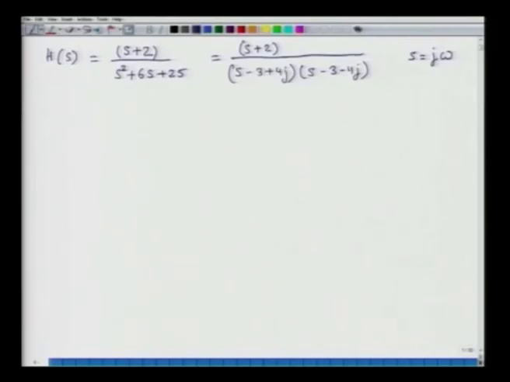So, what I get is H of j omega is 2 plus j omega in the numerator, and in the denominator I have minus 3 plus 4 plus omega times j.